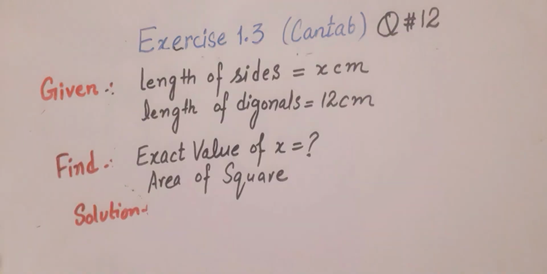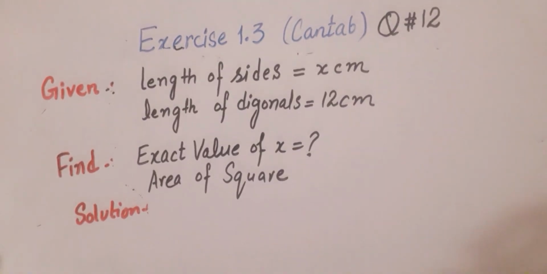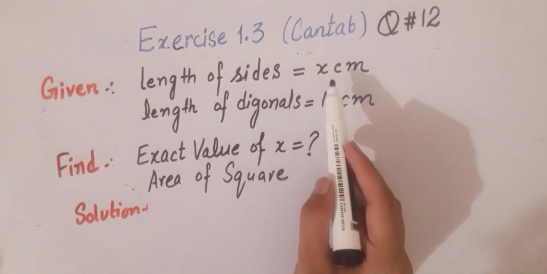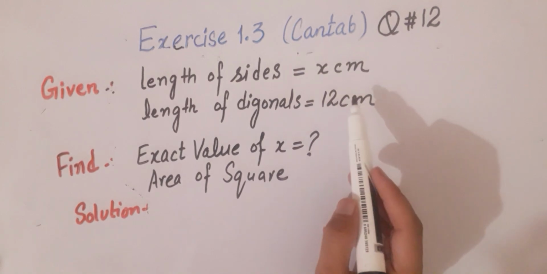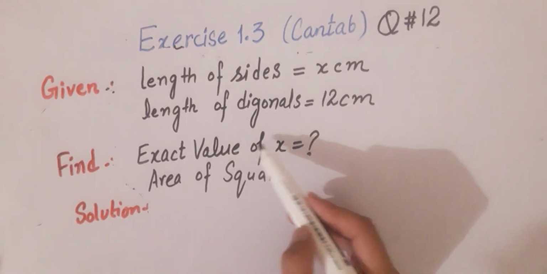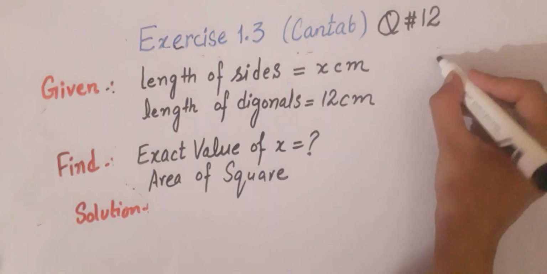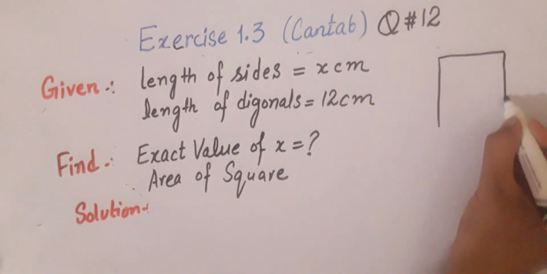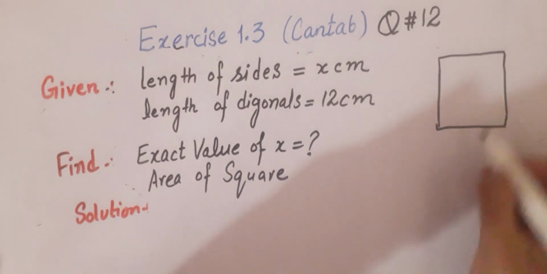Now in question number 12, we have length of sides of a square is x centimeter and length of diagonal is 12 centimeter. We have to find the exact value of x and area of square. First of all, we will draw a square of length x.